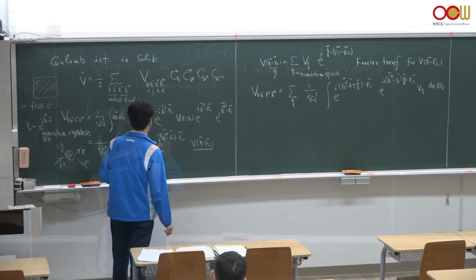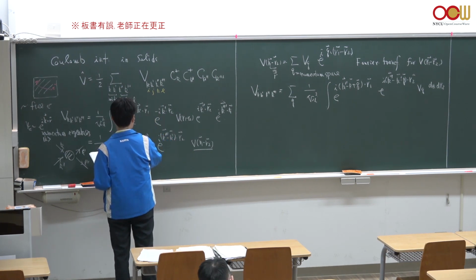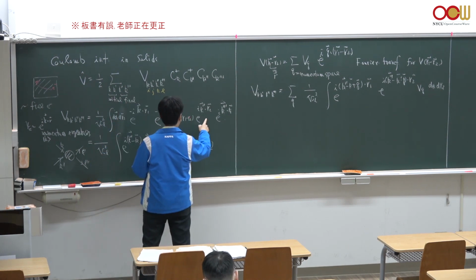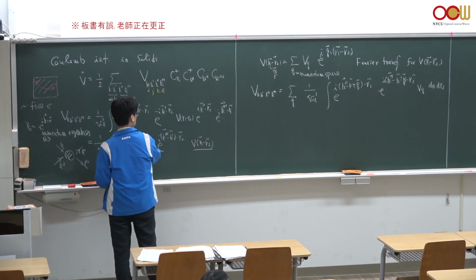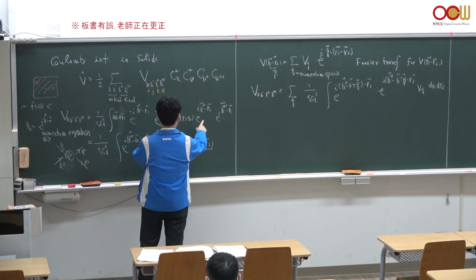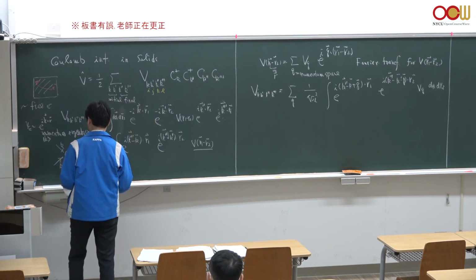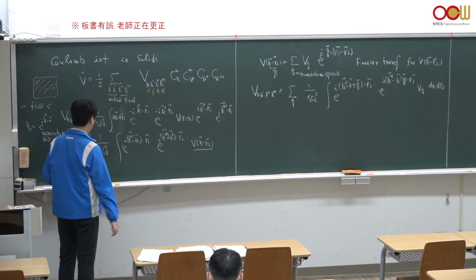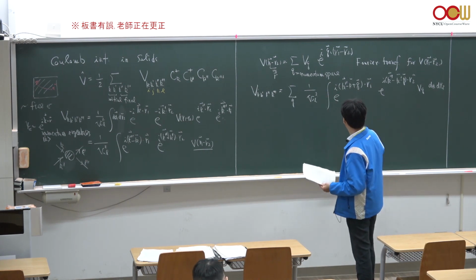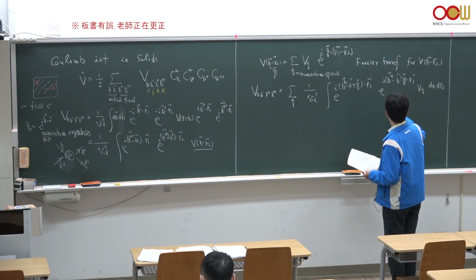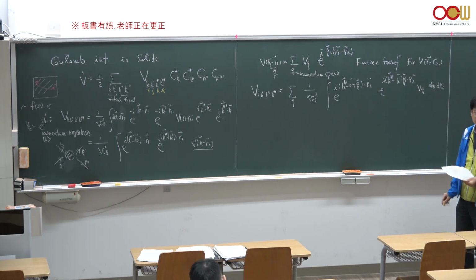So when we combine, sorry, the exponent for R1 should be K triple prime minus K, and for R2 it should be K double prime minus K prime. Is that so? Okay, sorry about that.